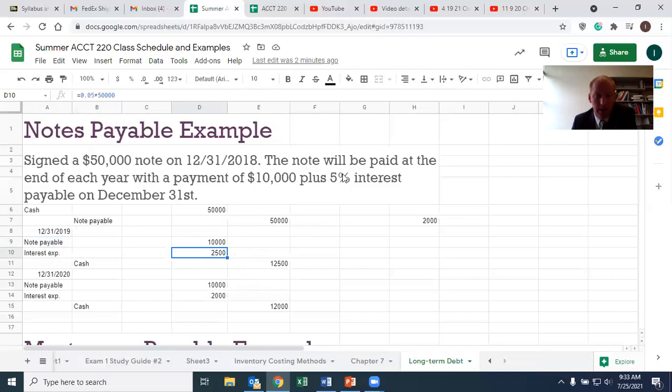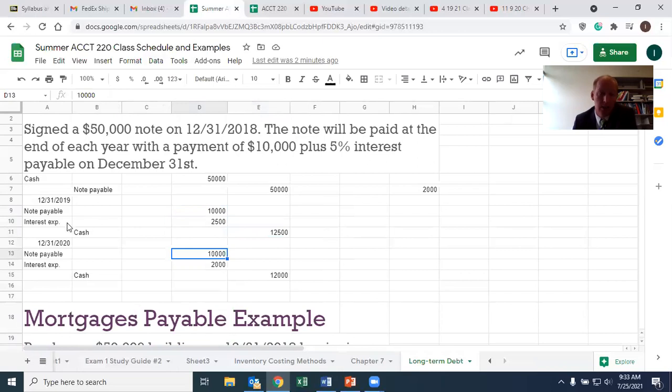So if you look at that, it's 5% interest for the full year, and for the full year, we had $50,000 of principal that we owed money on, right? And then on December 31st, we pay back $10,000 of the principal and we pay the interest on that. So just the full amount, 5% times 50,000, okay?